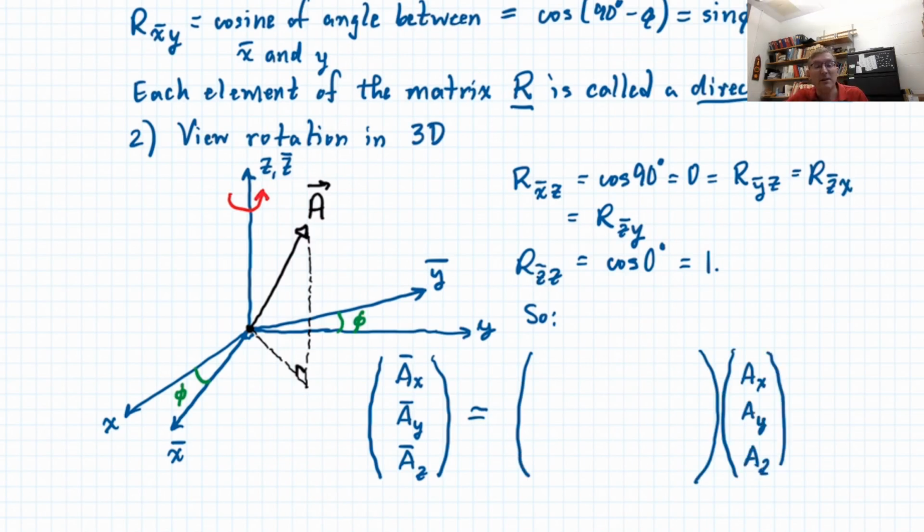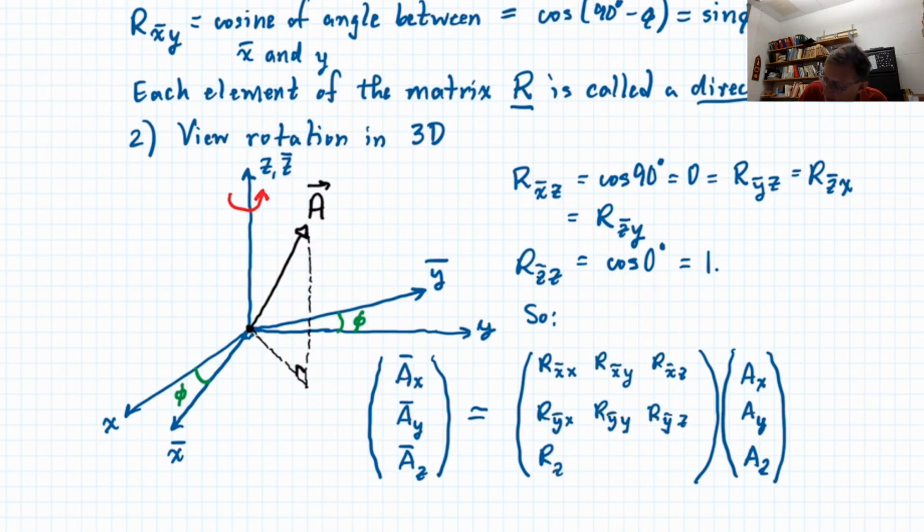So what goes in the 3 by 3? That's the matrix of the direction cosines. The order is R x bar x, R x bar y, R x bar z. That's the first row. Okay, and then R y bar x, R y bar y, R y bar z. And finally, R z bar x, R z bar y, and R z bar z.